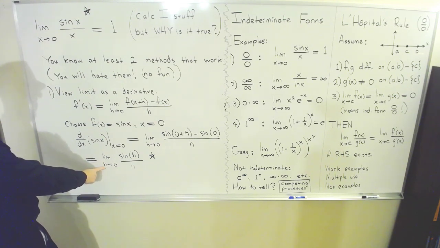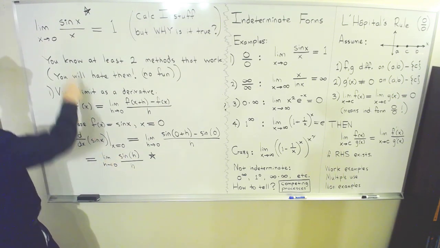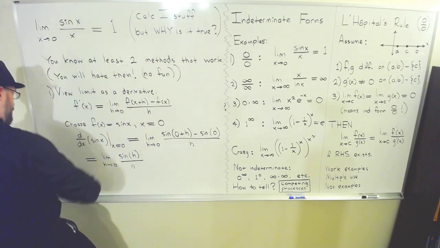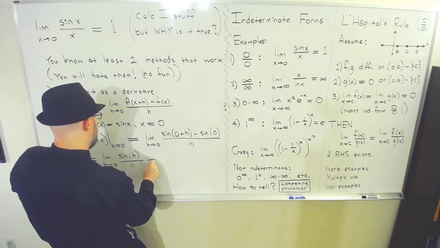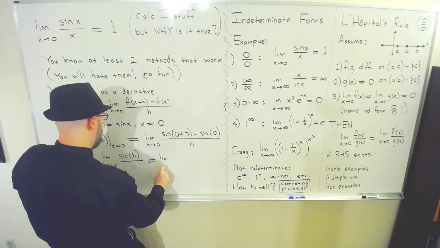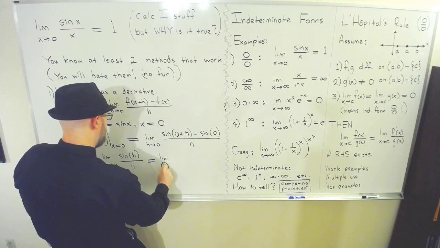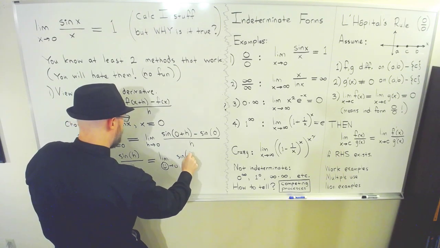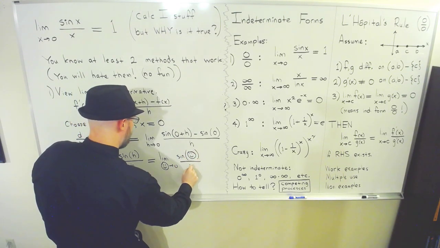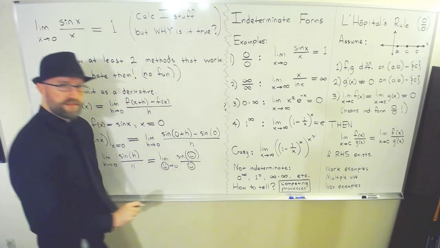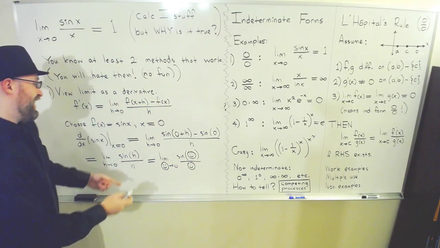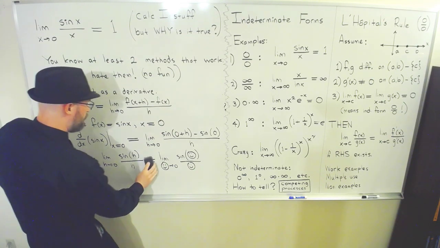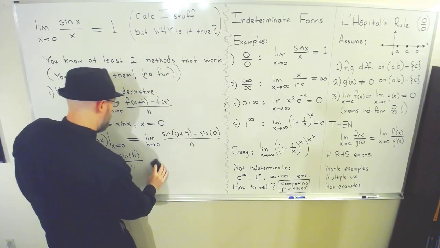It's just that here I've called the variable h, and here I've called it x. It would mean the same thing as if I wrote limit as smiley face goes to 0 of sine of smiley face over smiley face. It doesn't matter what you call the variable. So that's the same thing here.